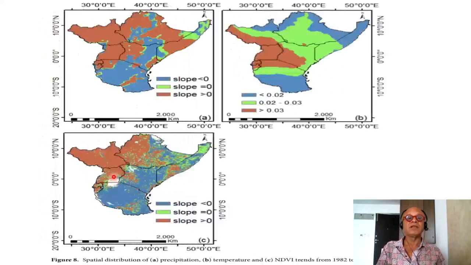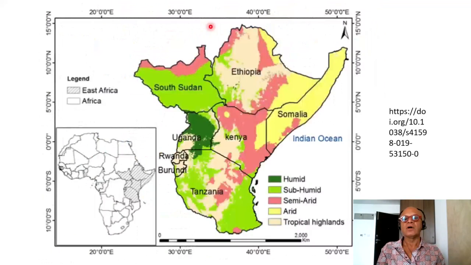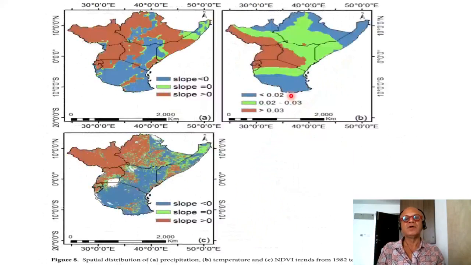But even more interesting is if you look at the spatial distribution of the trends in precipitation, temperature, and NDVI during the same period of 1982 to 2015, you can see how there are regions which have negative trends and there are regions which have positive trends in the humid, subhumid and semi-arid regions here, but also these arid regions here are semi-arid, arid regions are having positive trends as well.